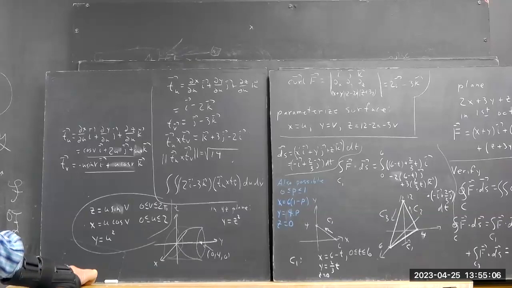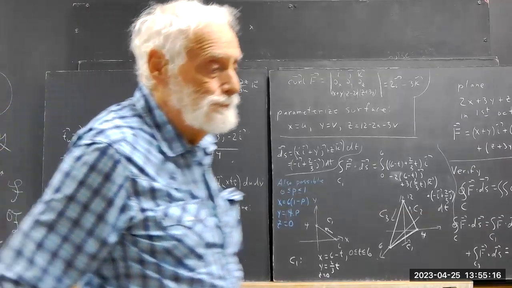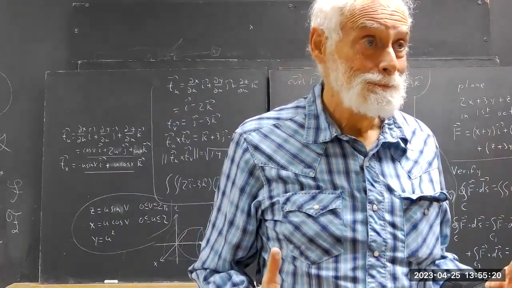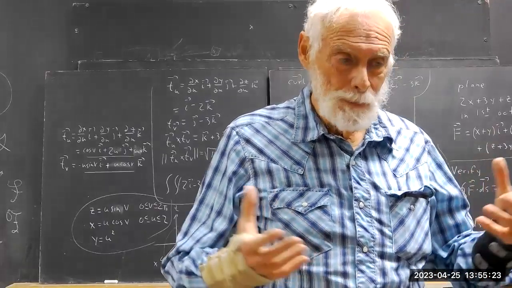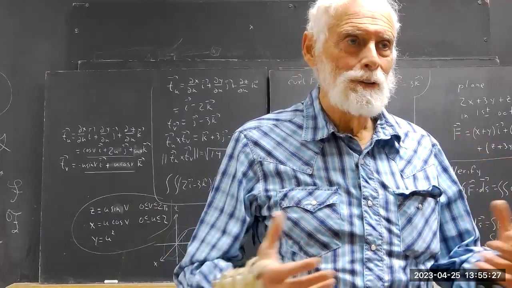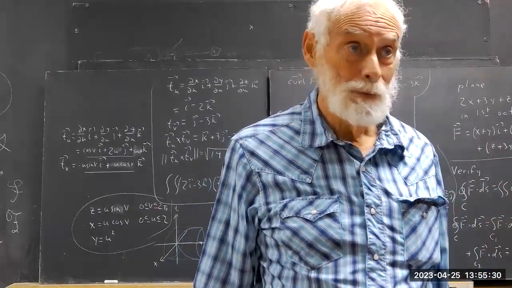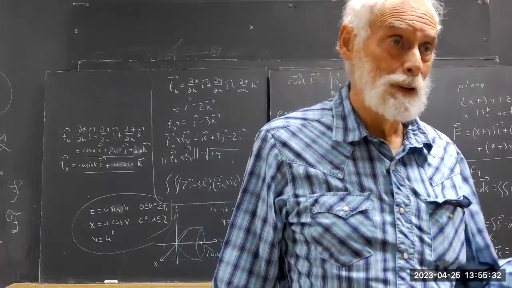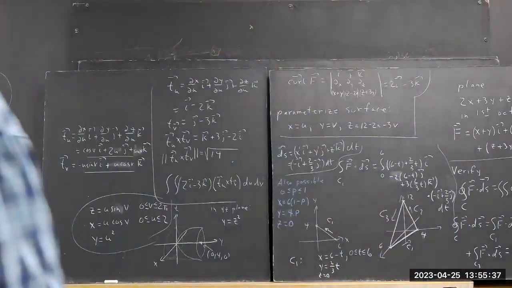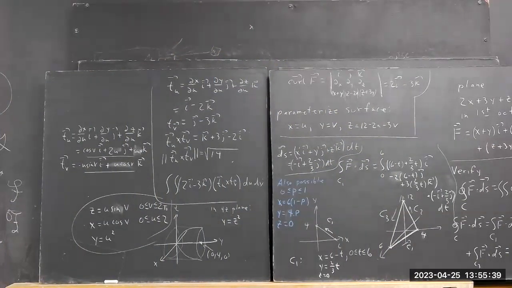We'll still leave some time for review, but we'll see what we can get done. So kind of review how we parameterize surfaces. As I said, that's a challenge. We talked about it in some detail last time, why you do what you do. Probably need to get your hands on more problems and write them out. Okay. So we'll go from there.